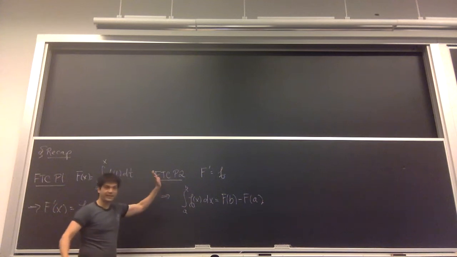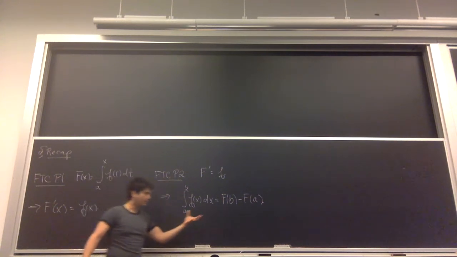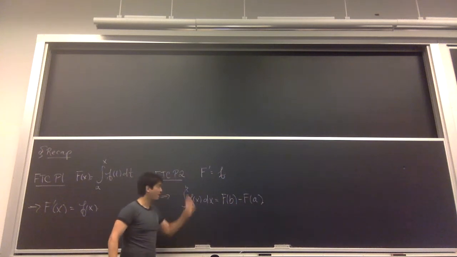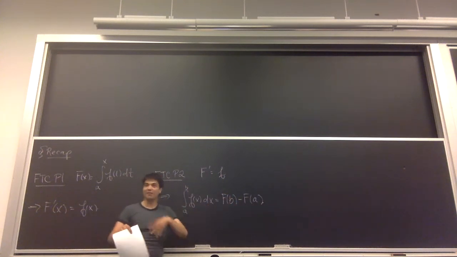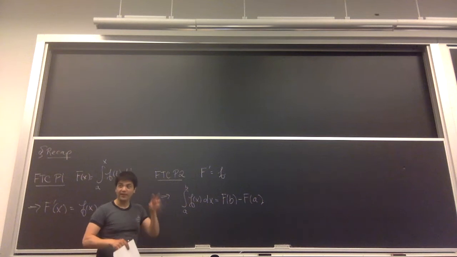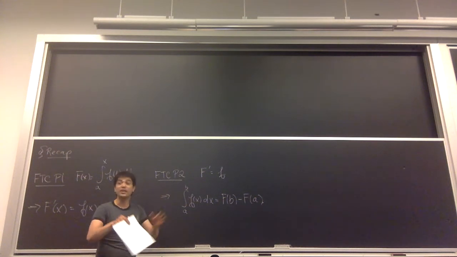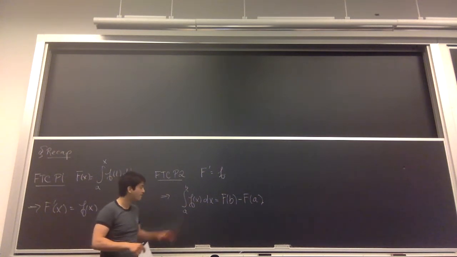And that is an amazing thing, that we have this very speedy way of computing the area under a curve by finding one antiderivative rather than going through all of the rigmarole of doing the geometric Riemann sum and then finding that limit. This is way faster.